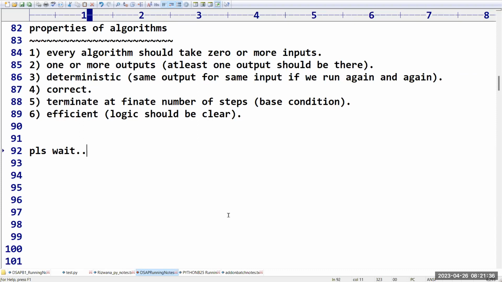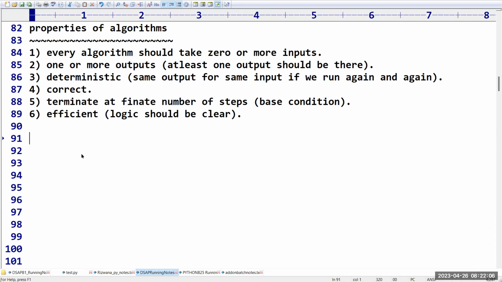Can you please ask the doubt again? The first point, should take zero or more inputs. Consider it as a program. Does every program take input? No. Some programs we directly run without input also.